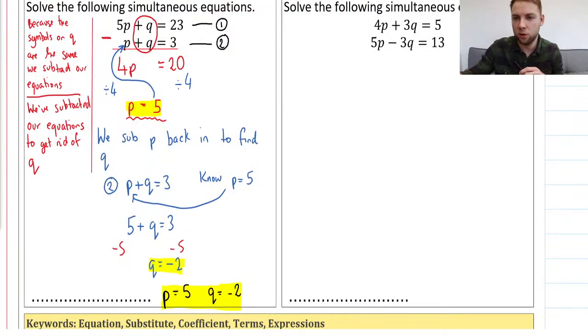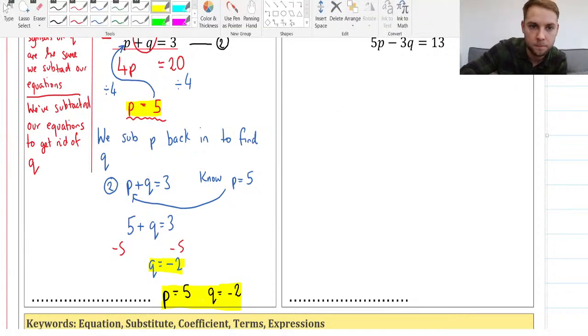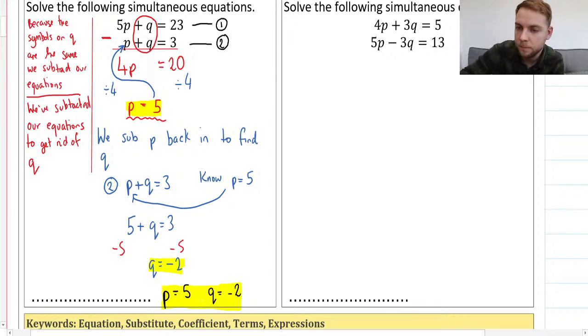So let's have a little look at example 2 then. So, example 2, this is our example here. Now the question is which of my coefficients are the same?